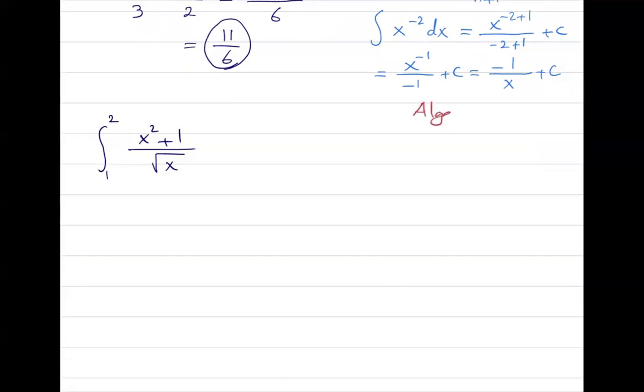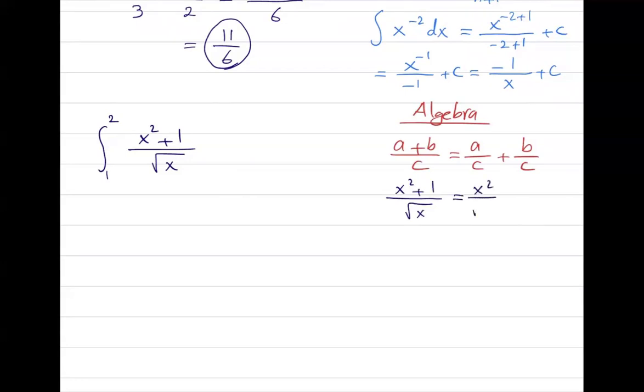Again, from your algebra, if you have a plus b divided by c, it is a over c plus b over c. So if you take this quantity, x squared plus 1, and divide it by square root of x, this is nothing but x squared divided by square root of x plus 1 over square root of x.